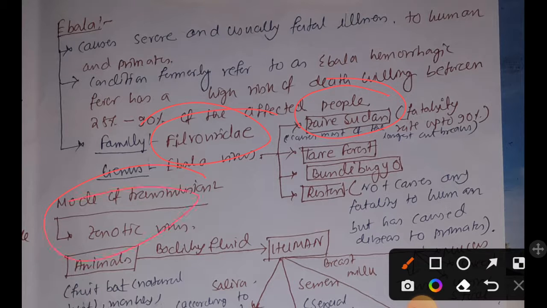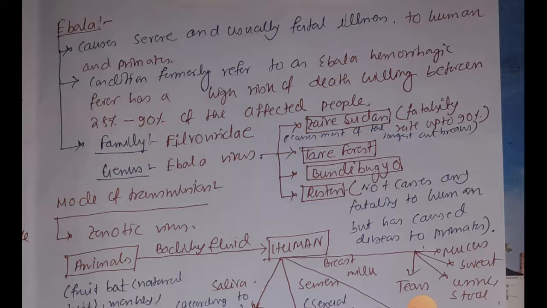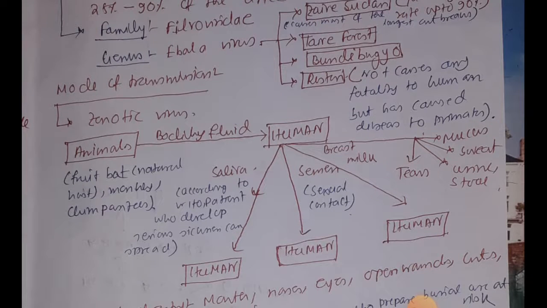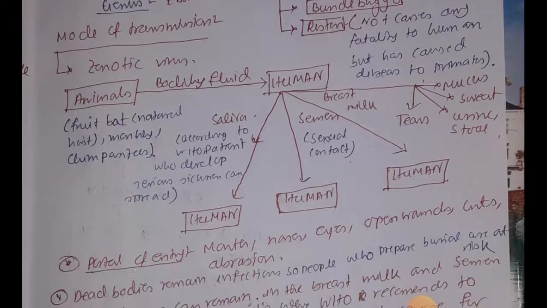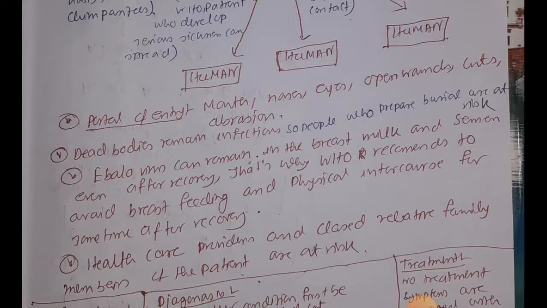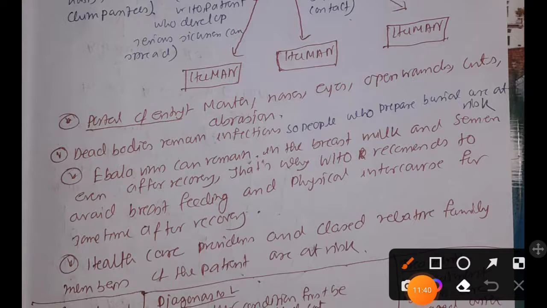Mode of transmission: it originates in animals, and from animals via secretion it transfers to humans. The important animals are chimpanzee, monkey, and, an important one, the fruit bat. And from humans via various bodily secretions it can transfer to other humans. The portal of entry is easy to guess: mouth, nose, ears, eyes, open wounds, and cuts and abrasions.